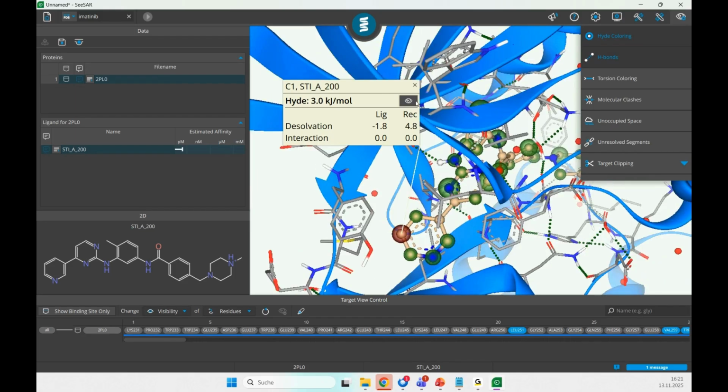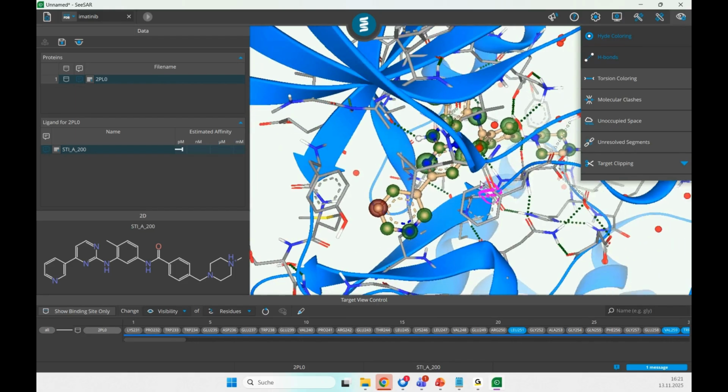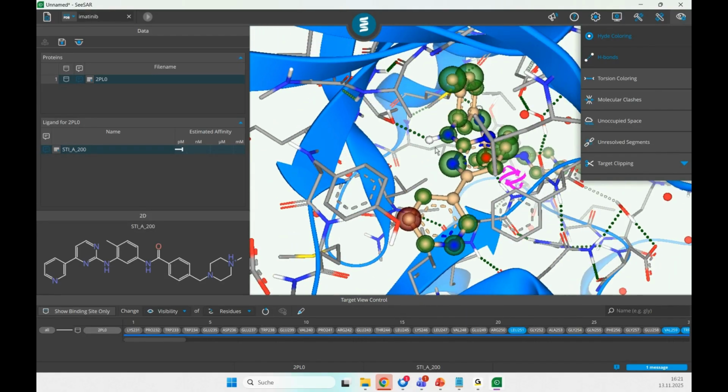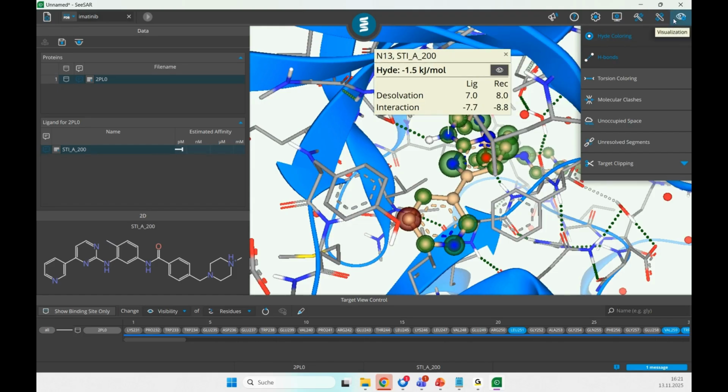Now let's pick something which is better. Let's take a look at maybe this amine here, since it's green. Here we can see the desolvation for the ligand, because it's also a hydrophilic one. This would like also to form interactions with water molecules, is quite high, 7 kilojoule. For the receptor, same thing.